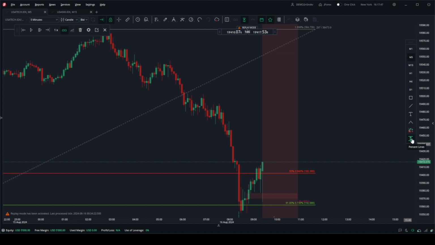Even if you put this Fibonacci from right here to this candle, you see how the price was rejecting these zones right here. So I trusted the price, and I trusted the retracement. I entered the trade looking like this.